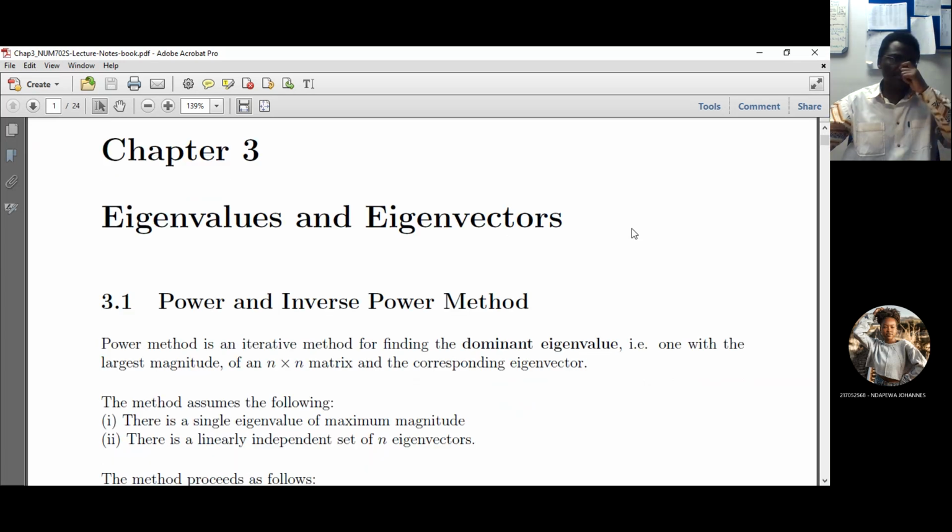If you look, there are a total of 24 slides. As I already said, I will not go through all the slides because you can all read, but I will only focus on the main concepts.